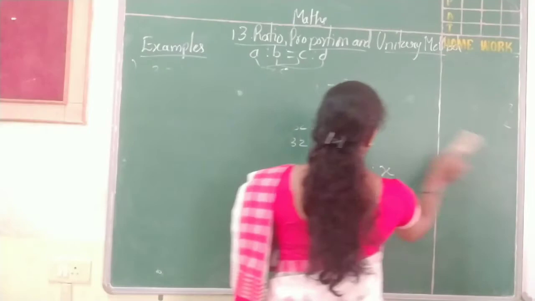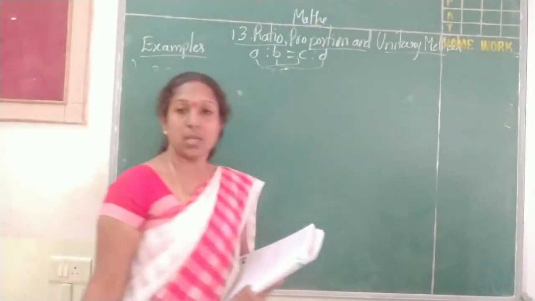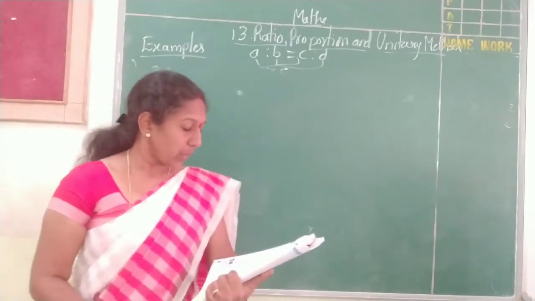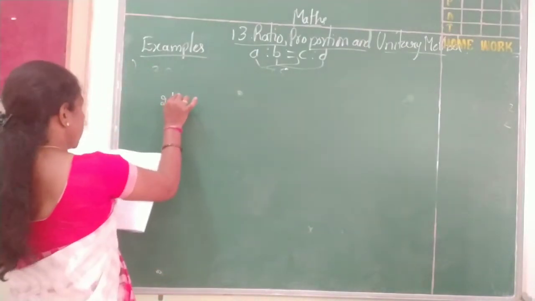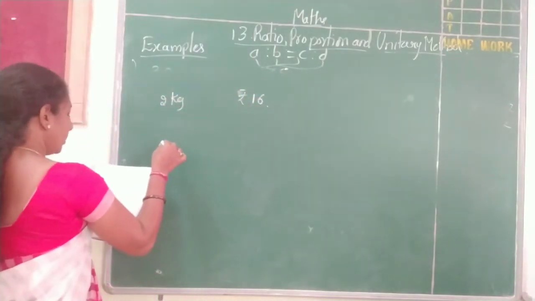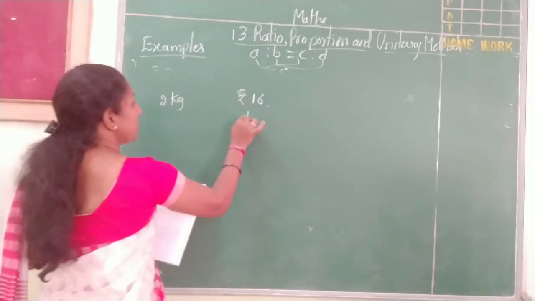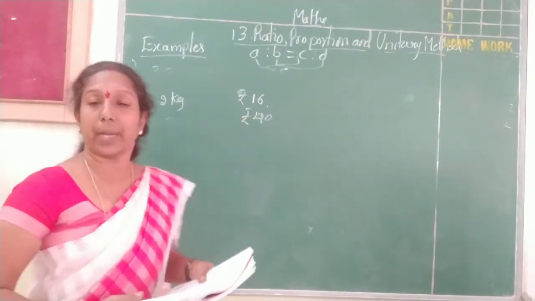So for rupees 40, how many kg of potatoes can you buy? Here they have given 2 kg, and rupees 16 is the cost. And then for rupees 40, how many kg of potatoes can we buy?